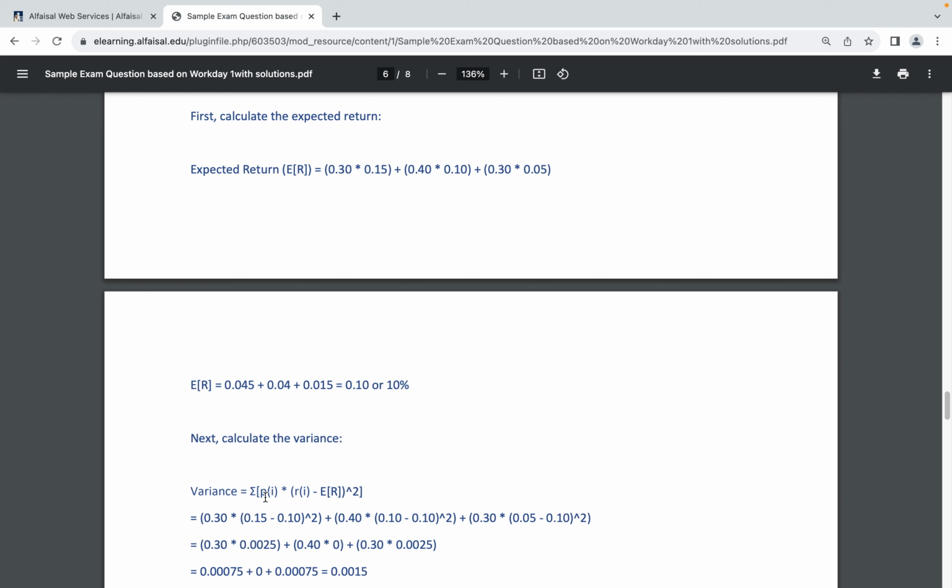Effectively, for each scenario you perform this calculation, and at the end you add the three scenarios together.